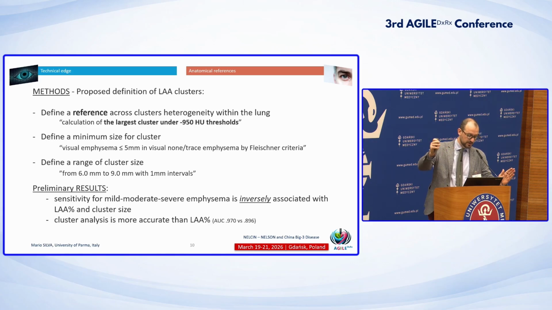For each subject, you would take the largest cluster of low density, minus 950 HU threshold. That was the category the subject was falling into.